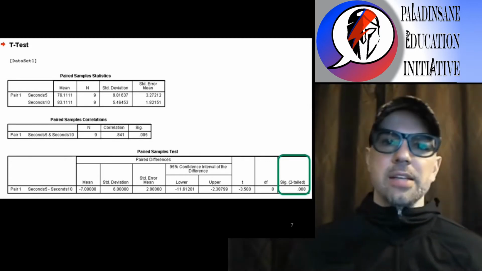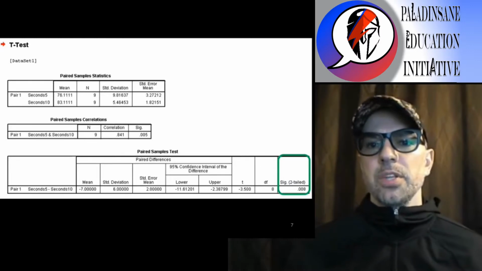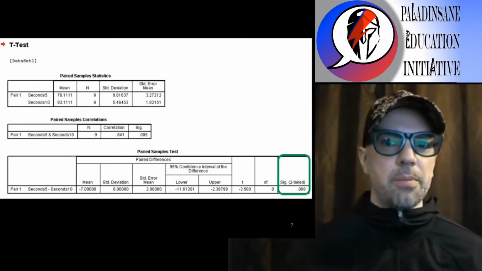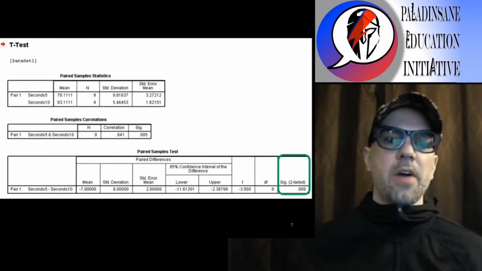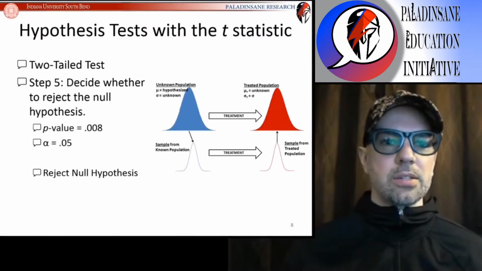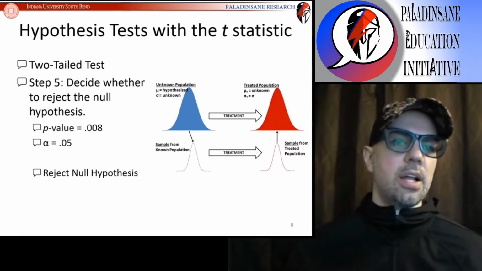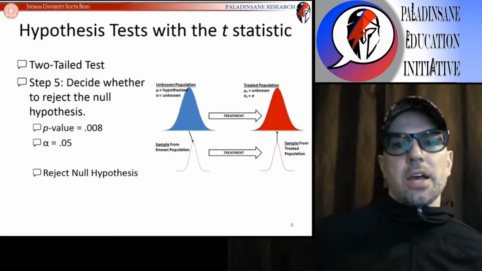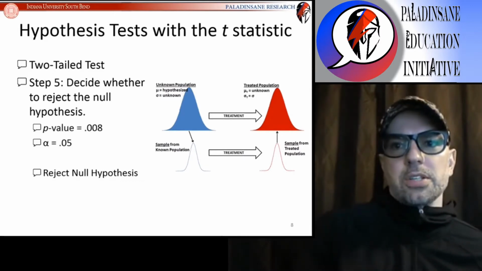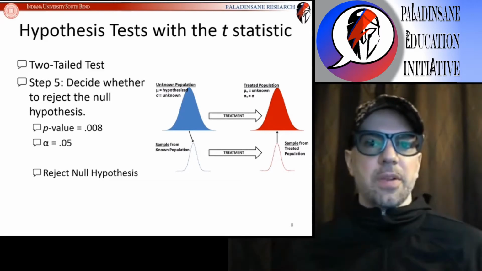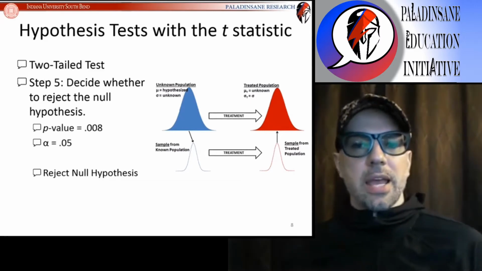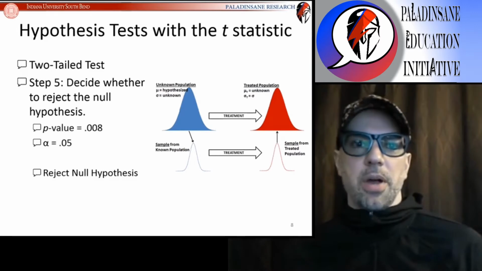And we analyzed our two-tailed study using this two-tailed probability. So this was fine when we were doing a two-tailed study and we had our p-value of 0.008. We read that from the table, alpha of 0.05, and because our p-value is less than your alpha level, your probability line in the sand, we decided to reject the null hypothesis.